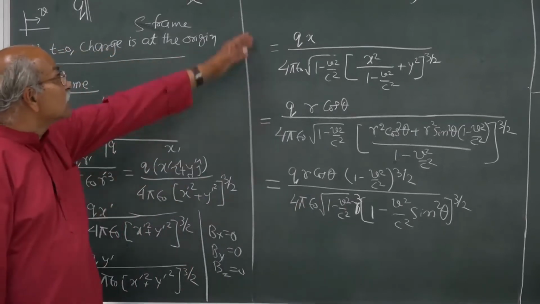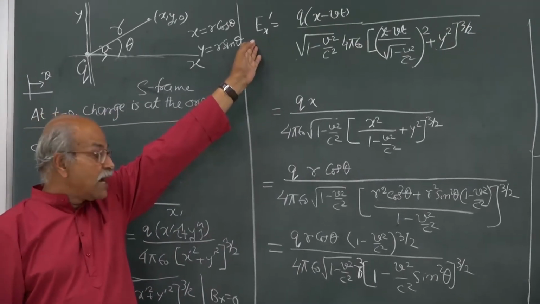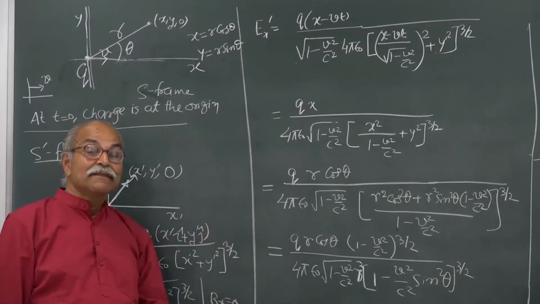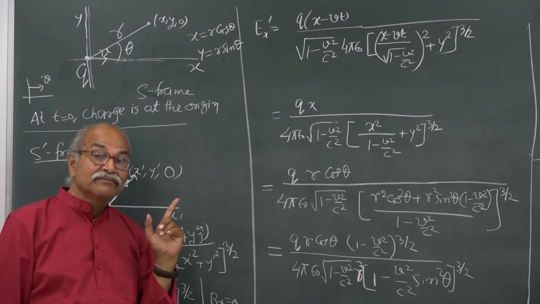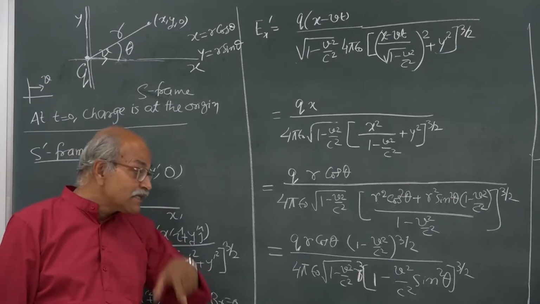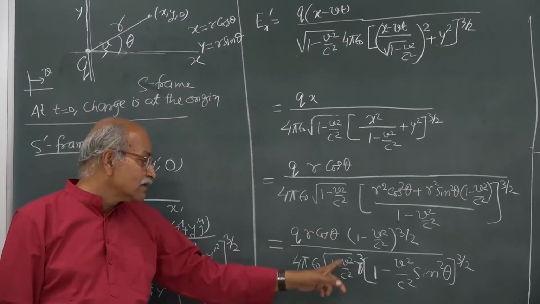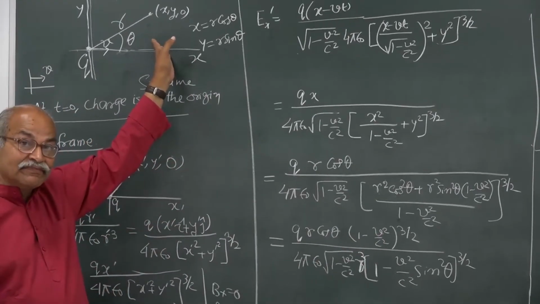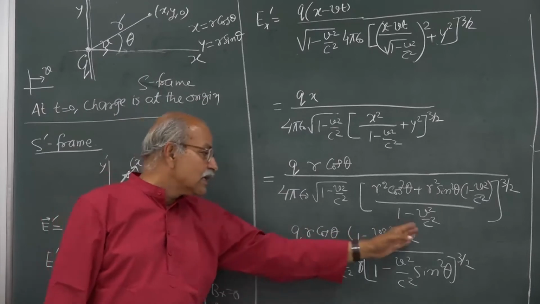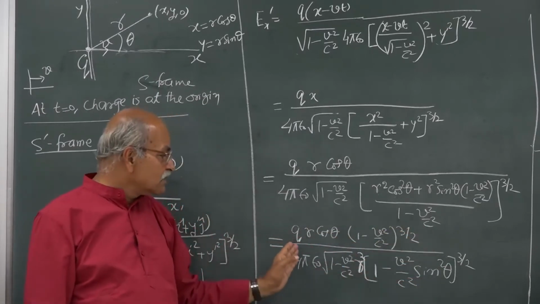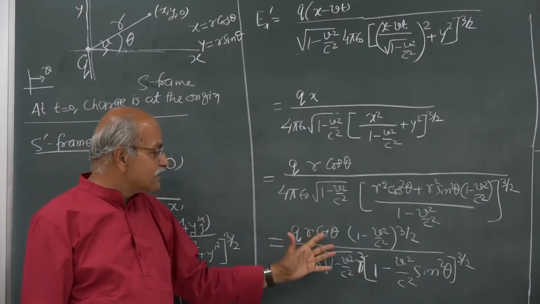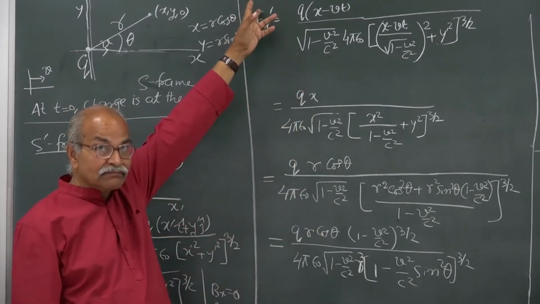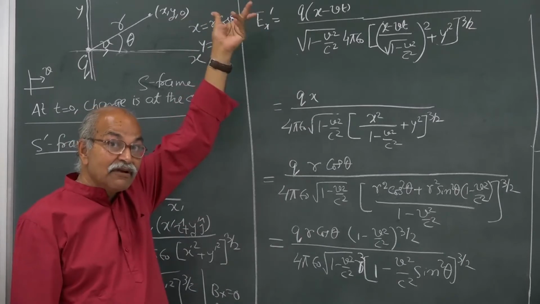Now, this was what? E x prime. I am still writing the electric field component in S prime frame, remember, expressed in the coordinates r and theta, which are coordinates from S frame. So, although these coordinates are from S frame, the field that is being written is E x prime, and similarly now I will write E y prime.